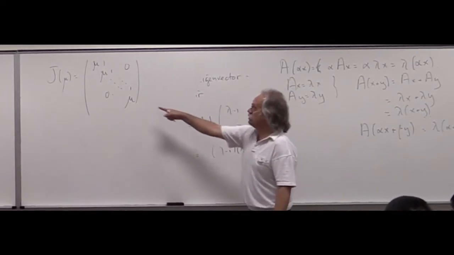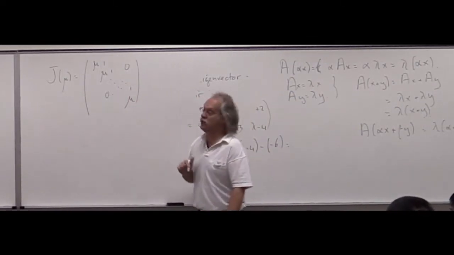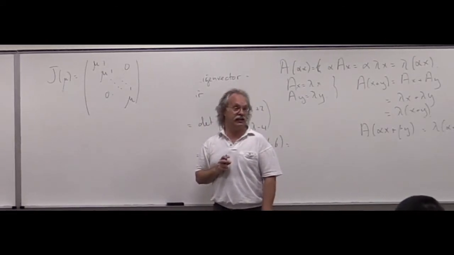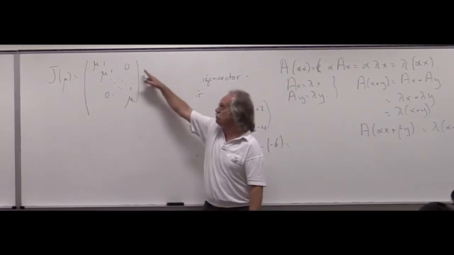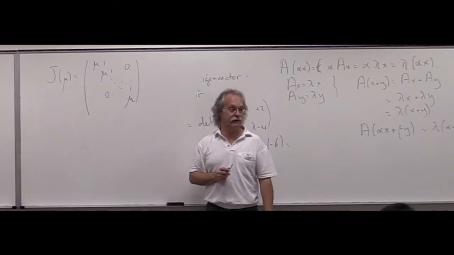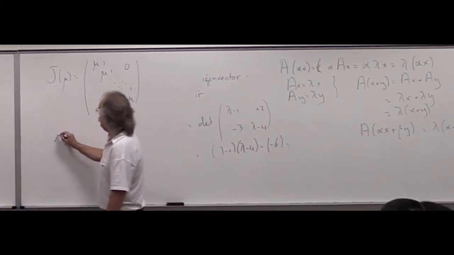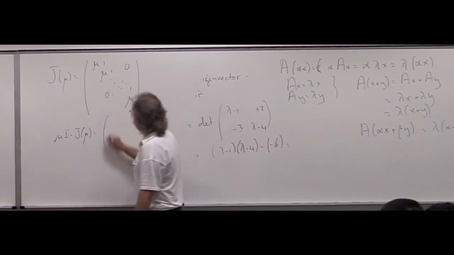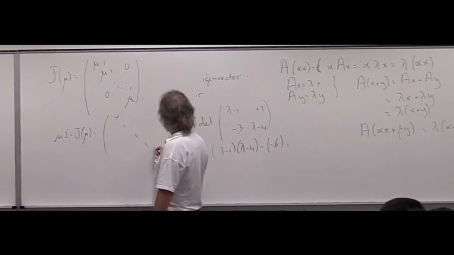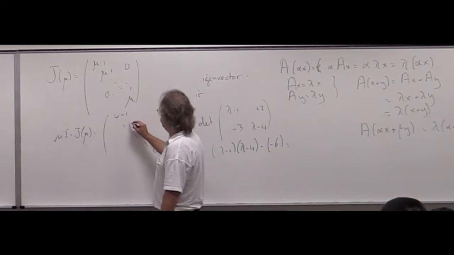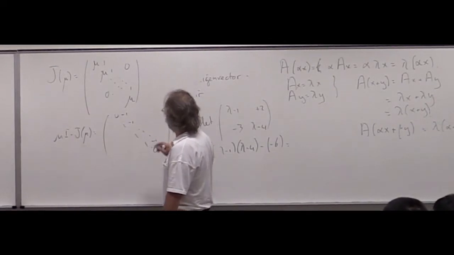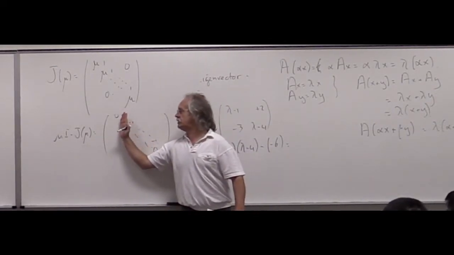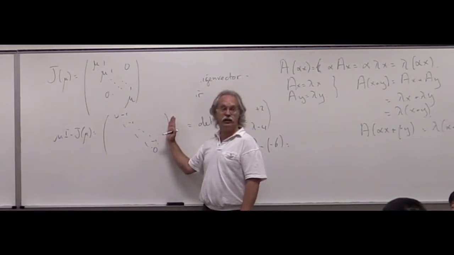Now clearly mu is the only eigenvalue of this, and it has algebraic multiplicity equal to the size of this matrix, right? But if you look at mu I minus J of mu, you get the matrix that has zeros on the diagonal and minus 1 on the superdiagonal. And it's not hard to see that all of these columns are linearly independent.